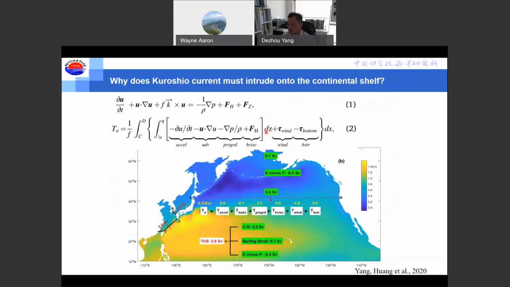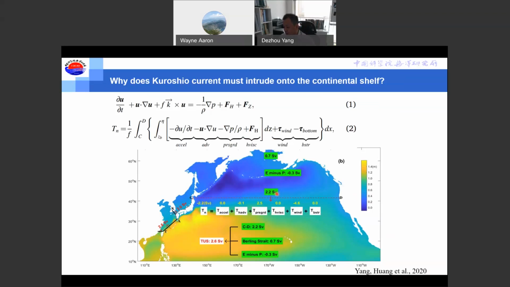Another question is, why must the Kuroshio current intrude onto the continental shelf? We do a dynamic analysis using our numerical model. We find that across this transect, the basin-scale wind stress drives equatorward volume transport. The net equatorward volume transport is about 20.2.